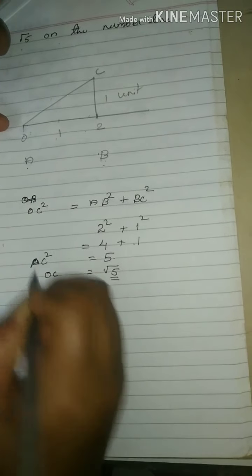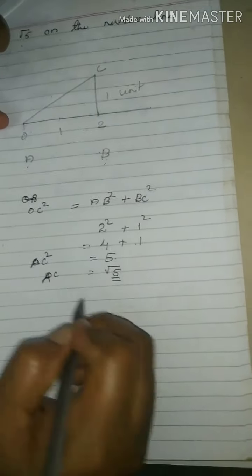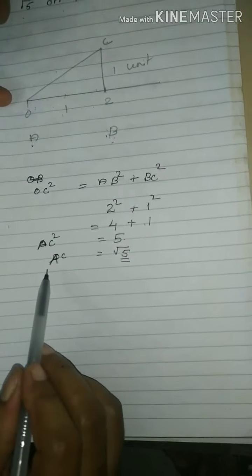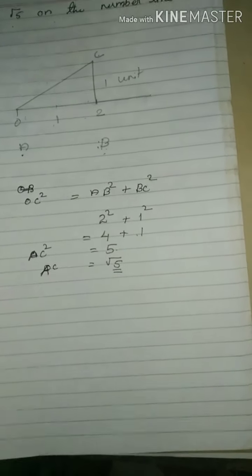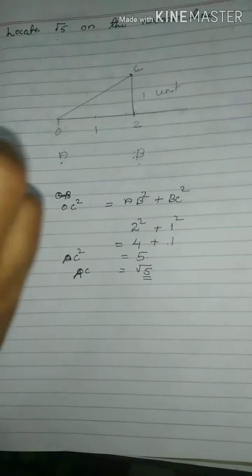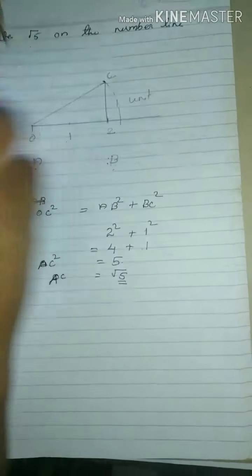So this line is root 5. Then we can locate it on the number line. This point is root 5.